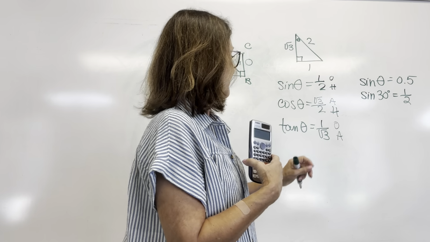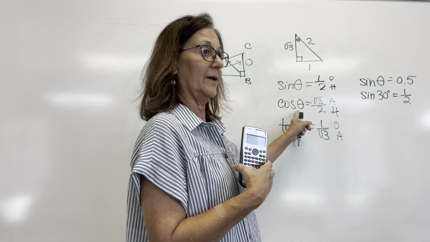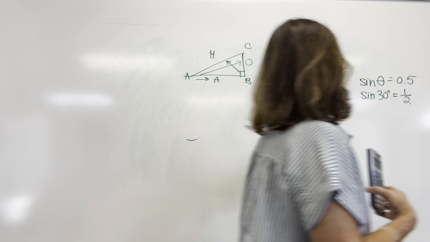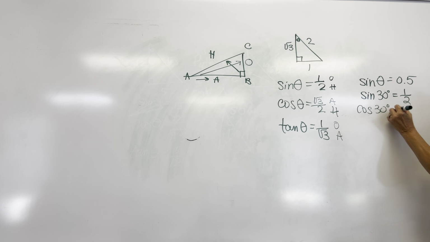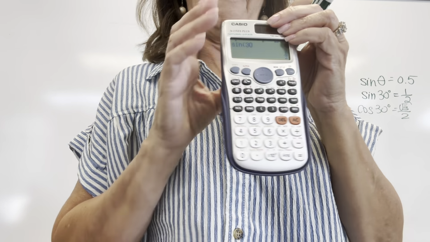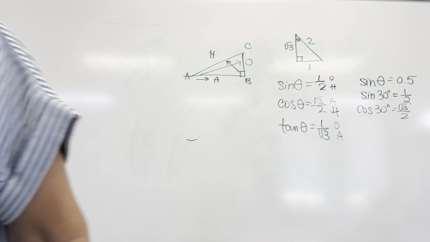Now, that same angle is 30 degrees, right? So if I did the cosine of 30 degrees, I should get the square root of 3 over 2. All right, so hit COS. I put in the sin of 30, it gives me like a... Oh, that's your brother's calculator.